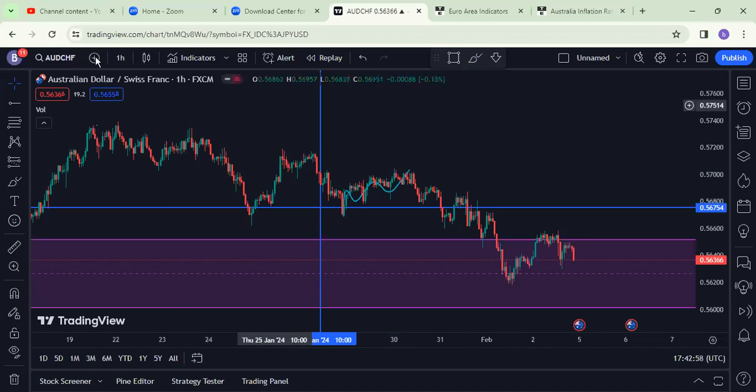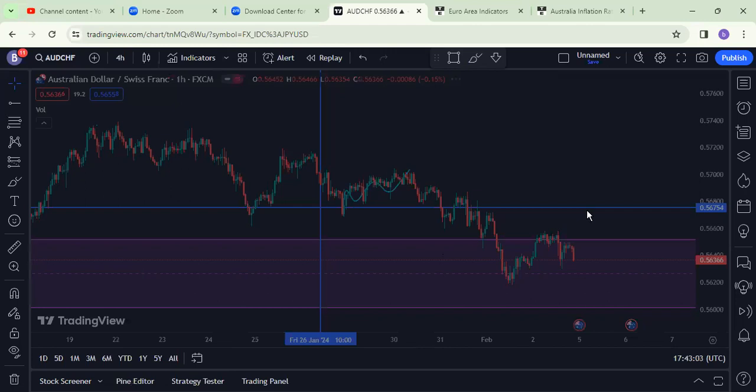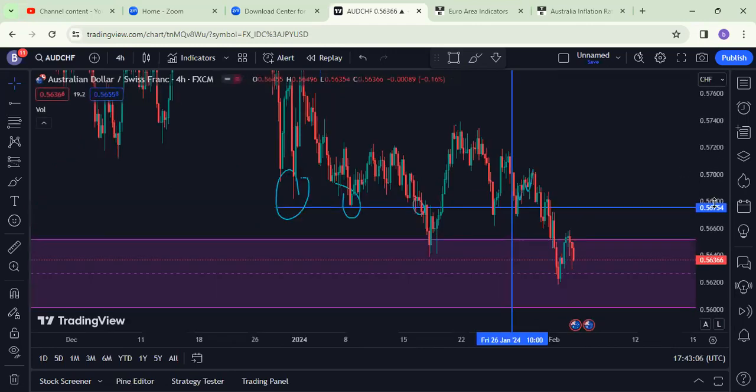So how do we then look at this trade going forward, or this chart going forward? What is it that we want to do differently?